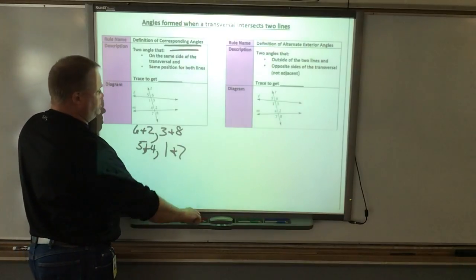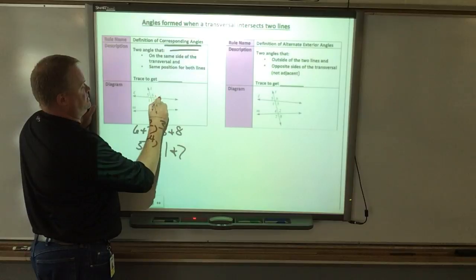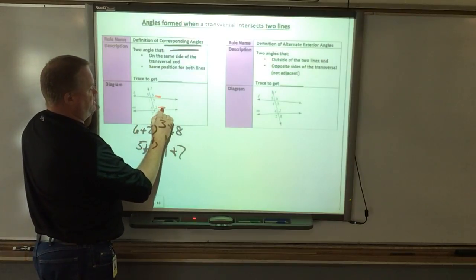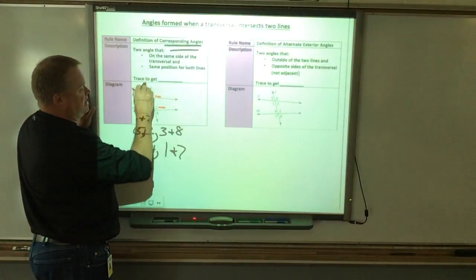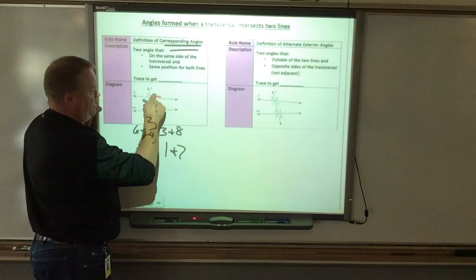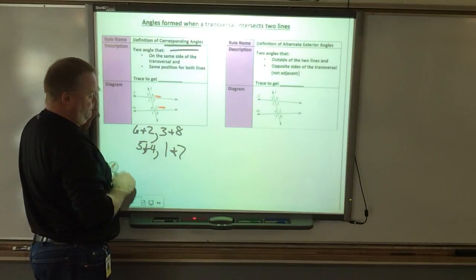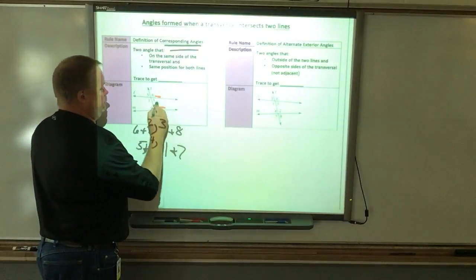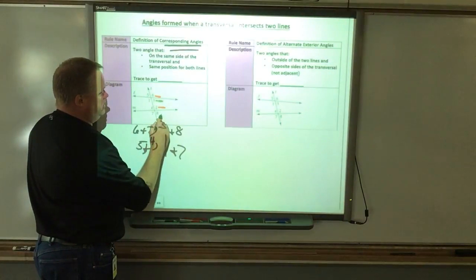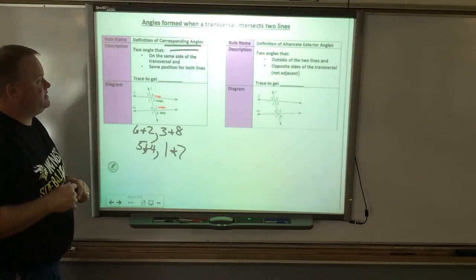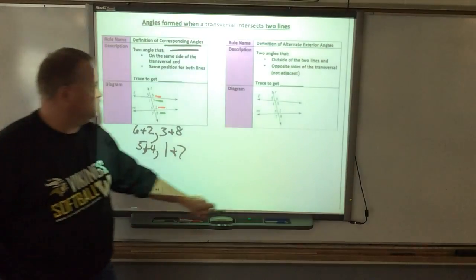Let's look at 6 and 2. 6 is on top of this line, and 2 is on top of this line. It's on the same side of the transversal, which means the right-hand side, but in the top position. Conversely, 3 and 8: 3 is on the bottom of this line, while 8 is on the bottom as well. Okay? So these are your corresponding angles.